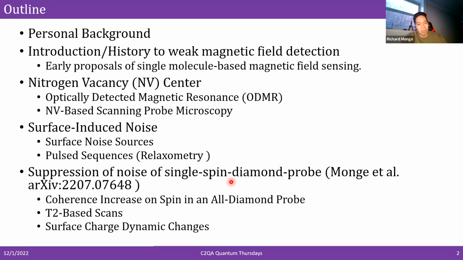Then also some overview on the surface noise that plagues near surface NVs and their spin properties. And then I will get into my work, my contribution to that field, into the understanding of these surface noise properties.